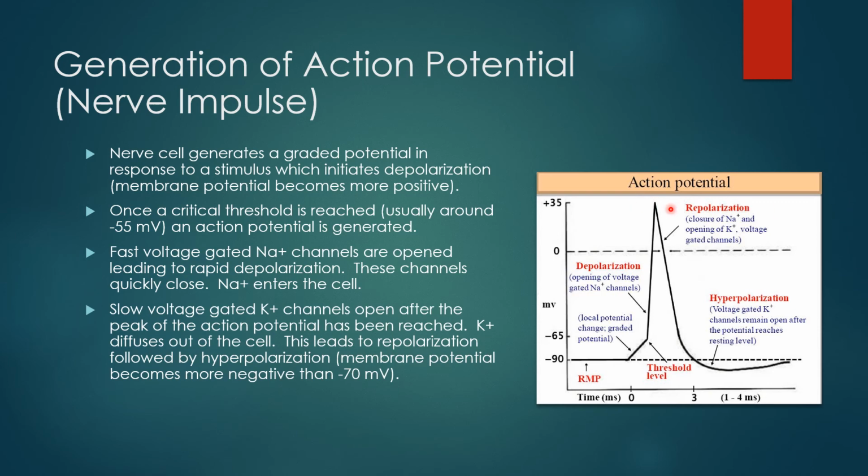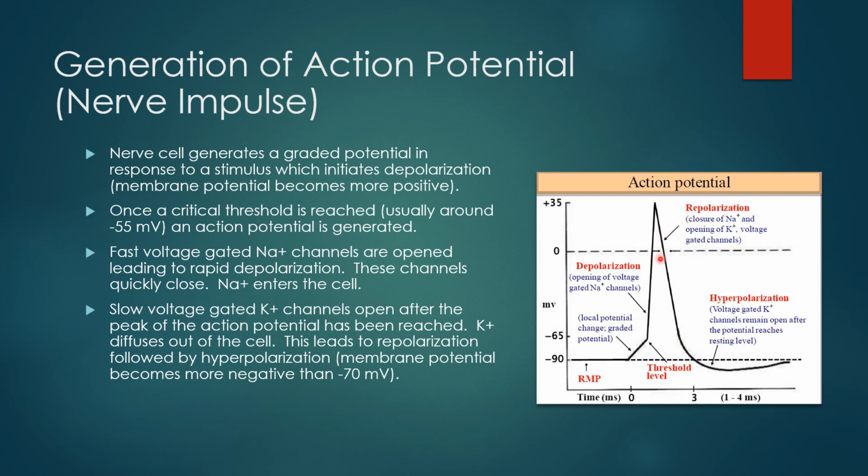After this, slow voltage-gated potassium channels open after the peak of the action potential is reached. As a result, potassium diffuses out of the cell, which leads to repolarization, because the cell is becoming more negative. The membrane potential is becoming more negative because positive ions are leaving the cell.